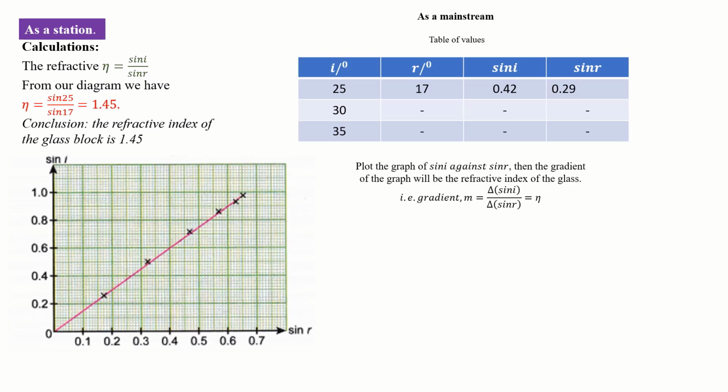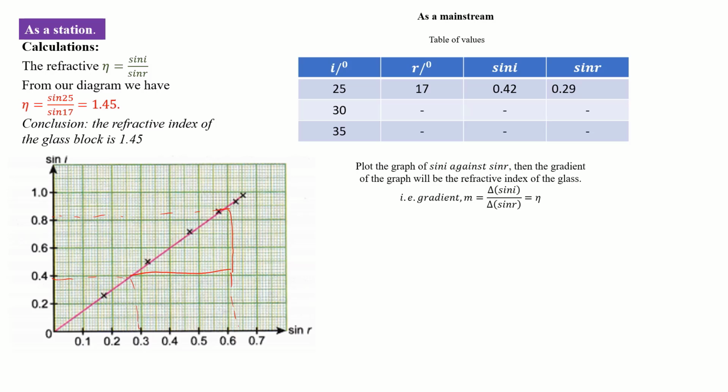So when you plot the graph of sine I against sine R, you have a straight line graph as such, and you simply calculate your gradient. You could consider 2 points. Triangle is not the best, so you extrapolate these points. So imagine we had 0.8 minus 0.4, divided by 0.62 minus 0.3. So that's a possibility.